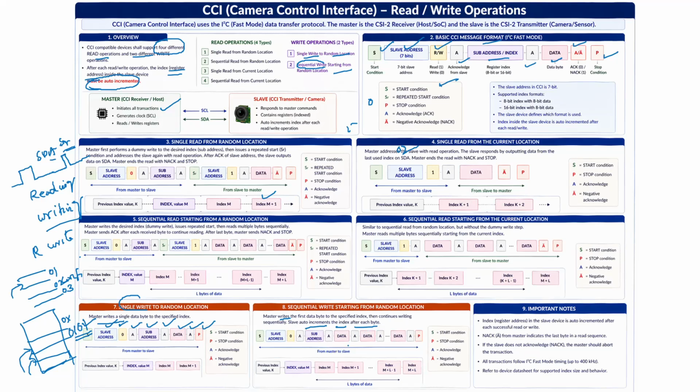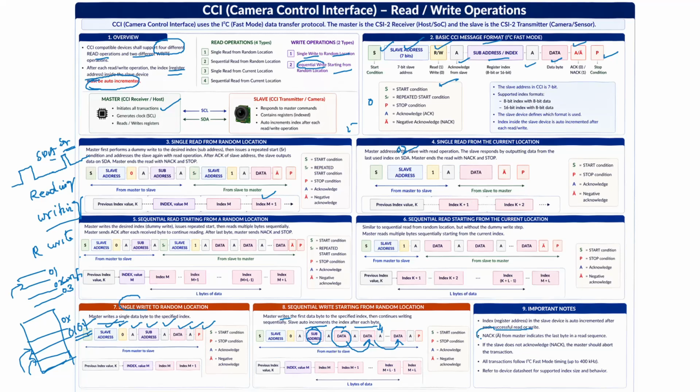Once you write one byte of data, and then the next byte, the sub address will be incrementing, and again you will get an acknowledgement. After that, when you write another data byte, again the sub address will be incrementing. So the index address is automatically incremented by the slave for each successful read or write operation.